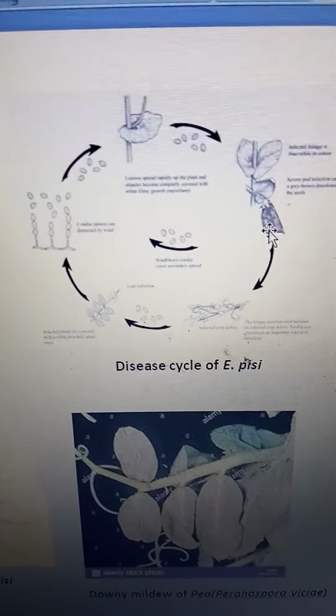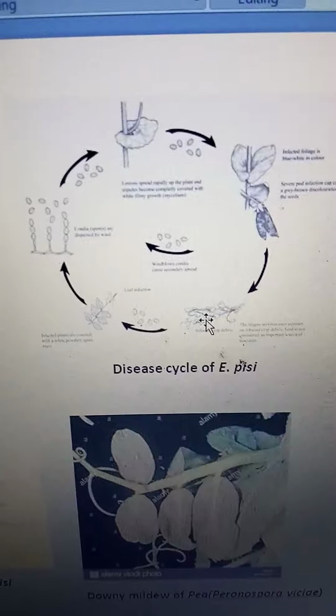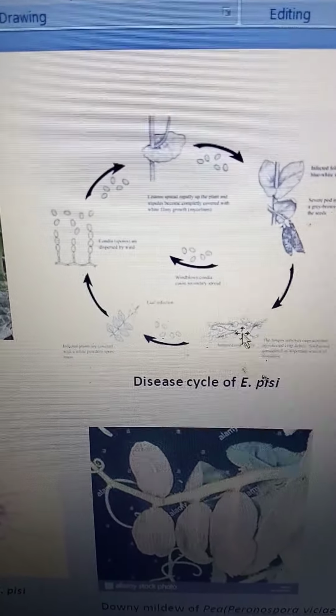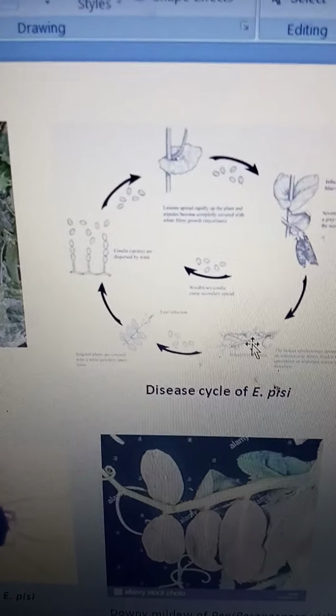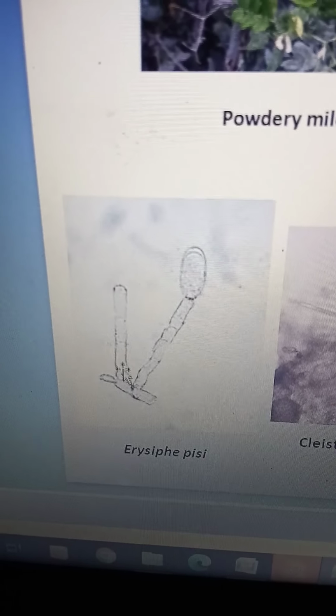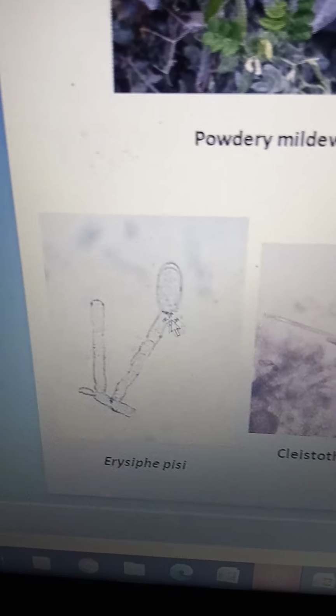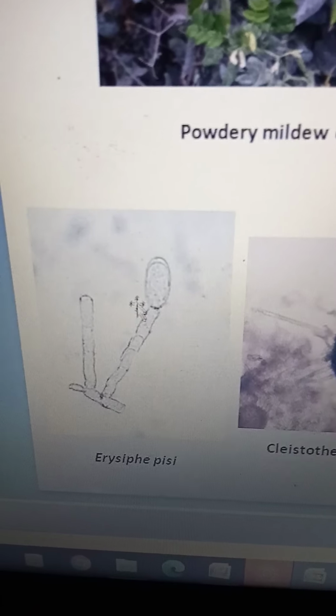From there, after harvest, the pathogen will again go in the infected residues and it will remain as resting structures, which is formed by the cleistothecium. So this is the structure or the macroscopic view of the Erysiphe pisi. This is the conidiophore and this is the conidia, which is barrel in shape, and only one spore will be formed at the tip of each conidiophore.